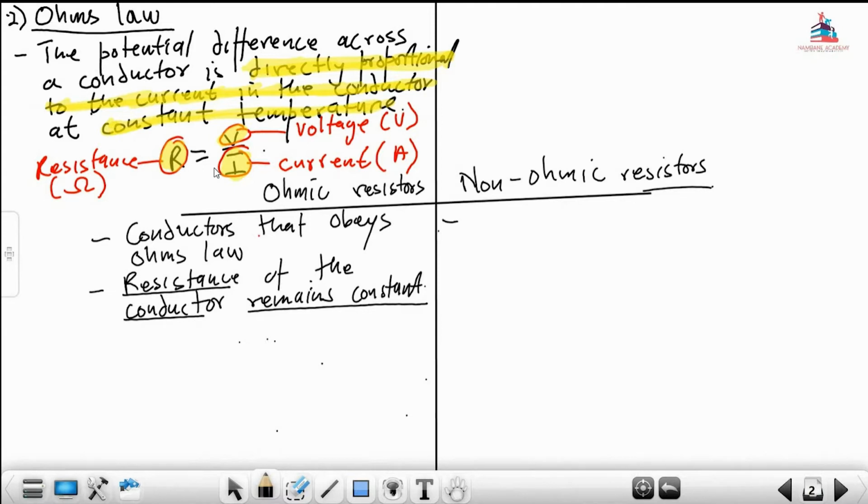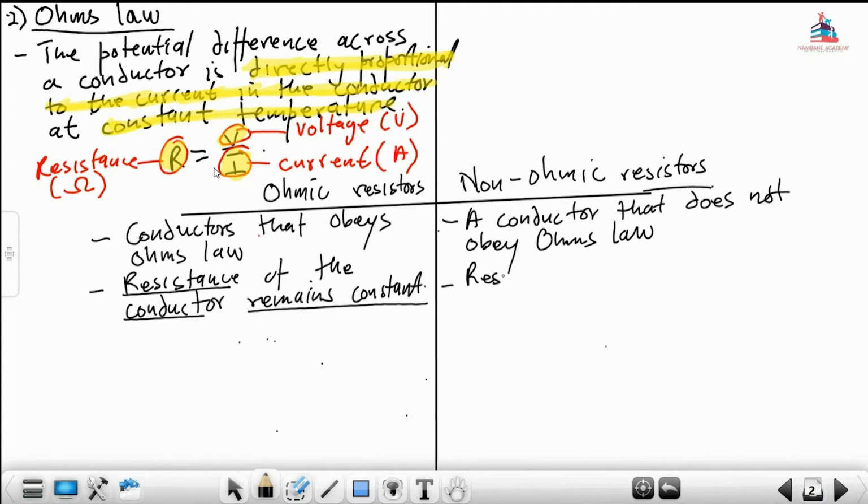Now let's look at a non-ohmic conductor. A conductor that does not obey Ohm's law. And what does this mean? It basically says the resistance of the conductor increases as the current increases.